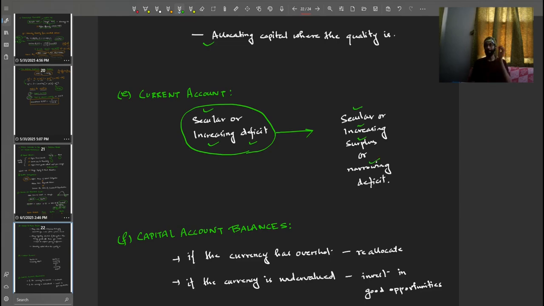So either the deficit is narrowing, or the surplus is increasing, or there is a stable or secular surplus, right? That is what is preferred in terms of currency or portfolio allocation.